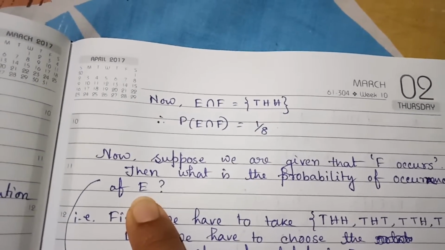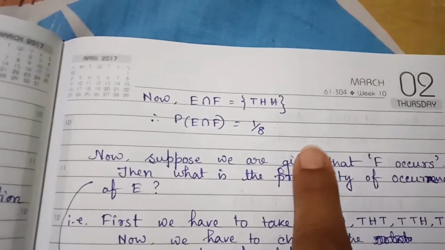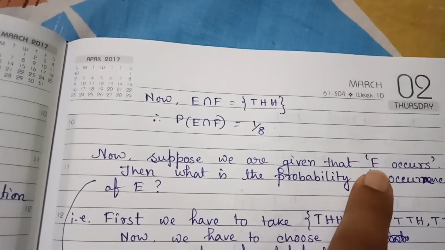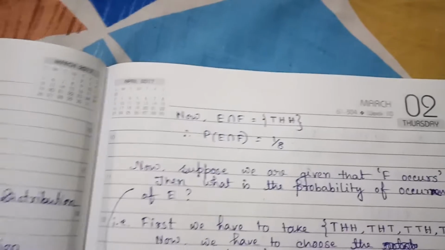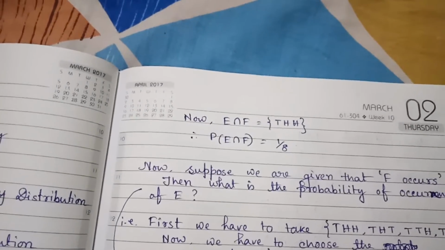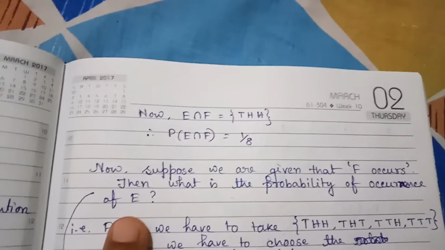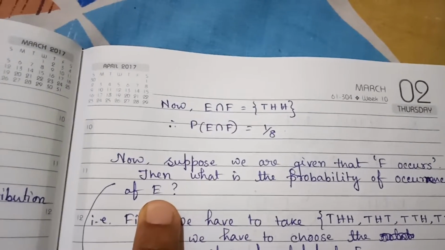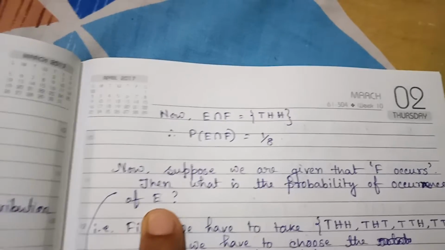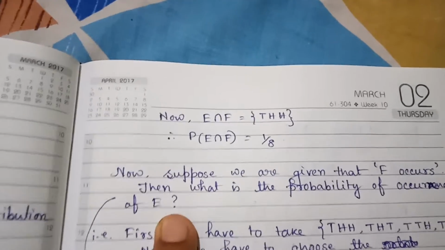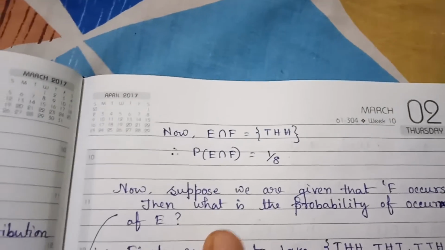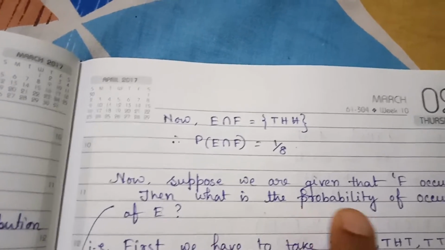That means once F has occurred, you are finding the probability or the chances of occurrence of E. E means at least 2 heads appear. I am just making it simpler.